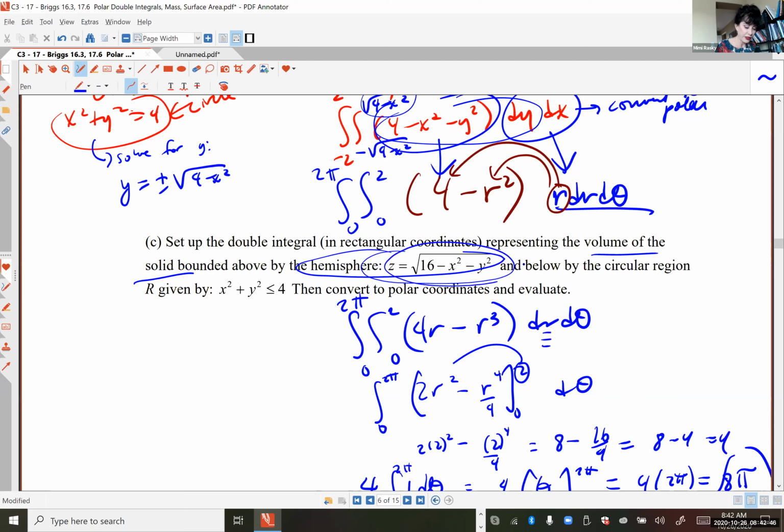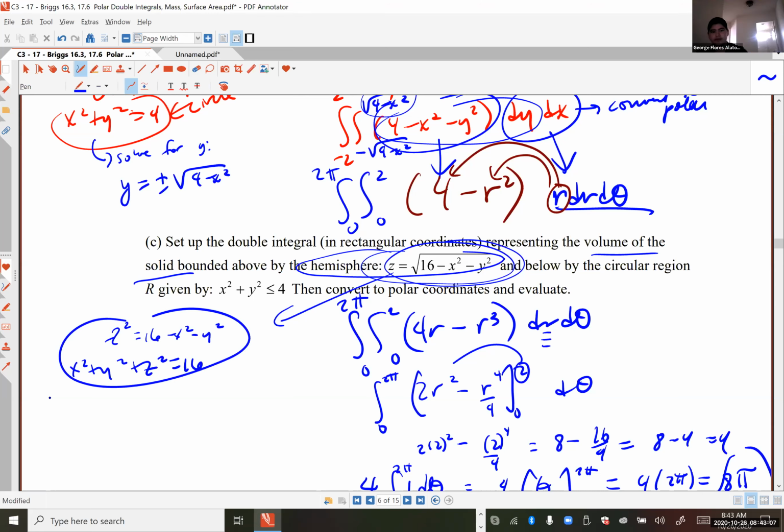Can anybody see what that's going to be? Radius 4. Yeah, if you square both sides, just because I want you to see that this is indeed a sphere equation. If you did square both sides and rearranged the equation, does everybody see it is indeed a sphere equation? Yeah, I see it. You learned that back in week 1 in this class, remember?